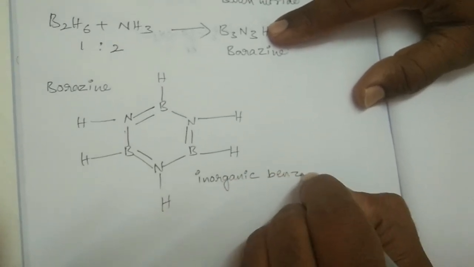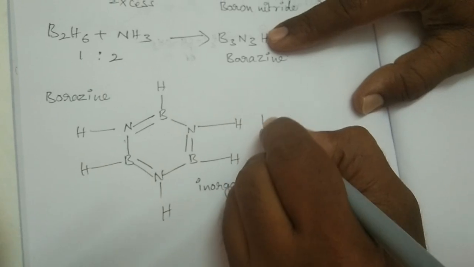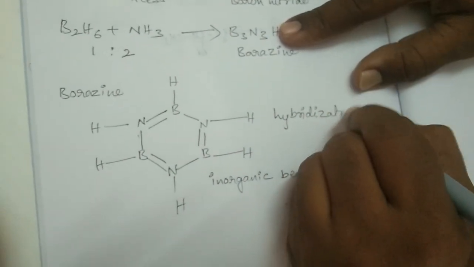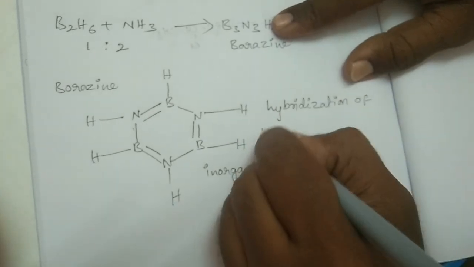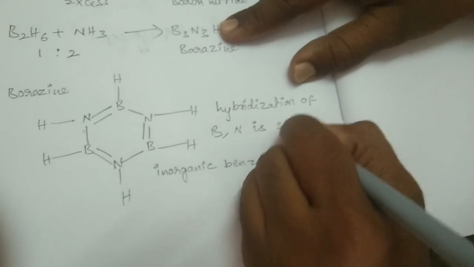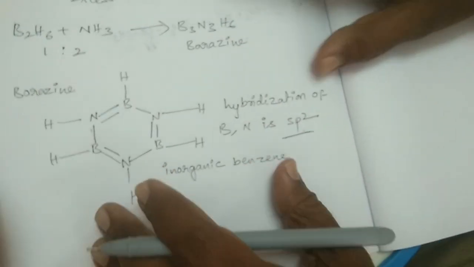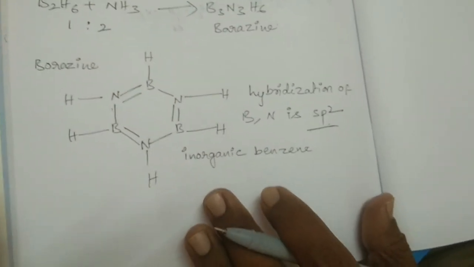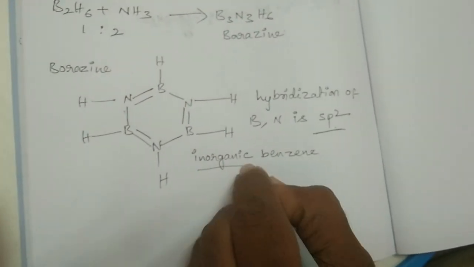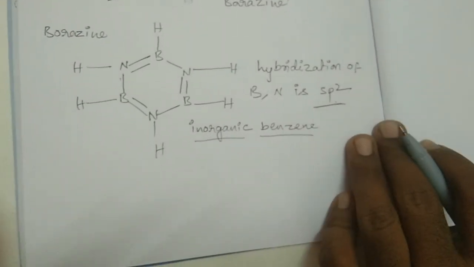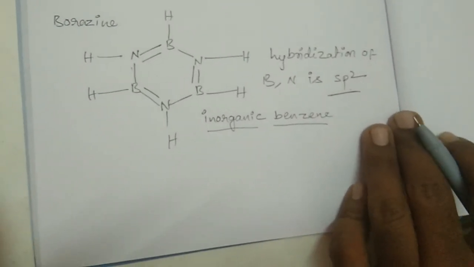Here the hybridization of boron and nitrogen is sp2, planar structure, alternating double bonds. So it is similar to benzene, and it is isoelectronic to benzene. So this is important about boron.